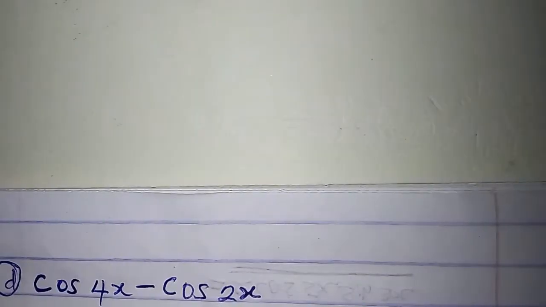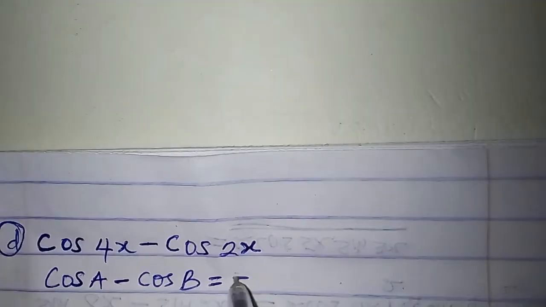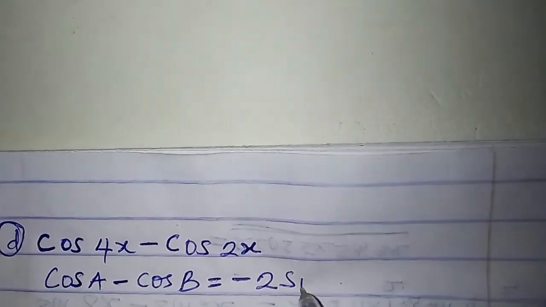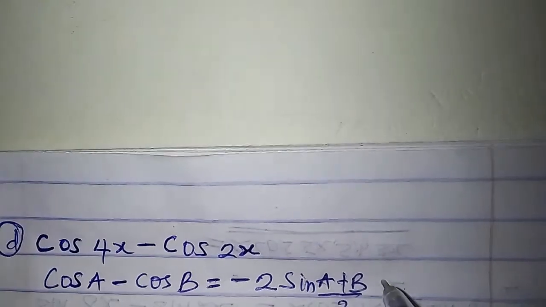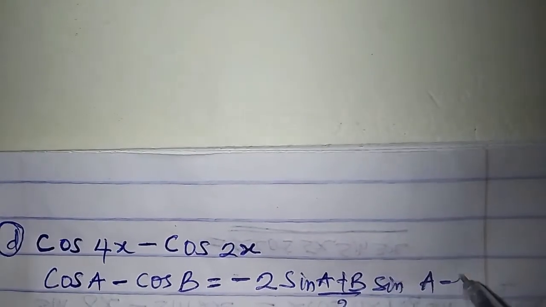Cos 4x minus cos 2x. We'll make use of the formula that says cos A minus cos B, all right, because of the minus, is equal to minus 2 sine (A plus B) all over 2 sine (A minus B) all over 2.